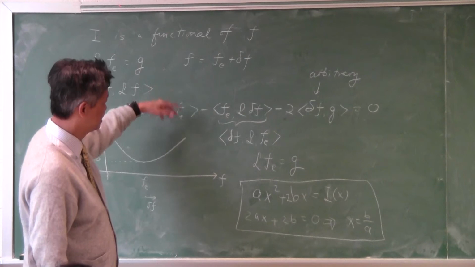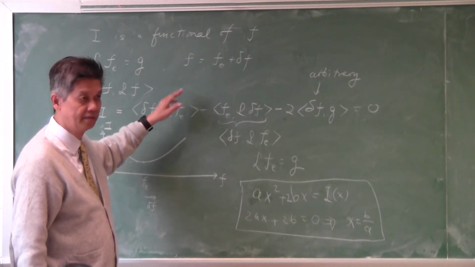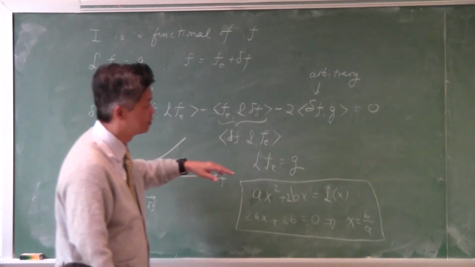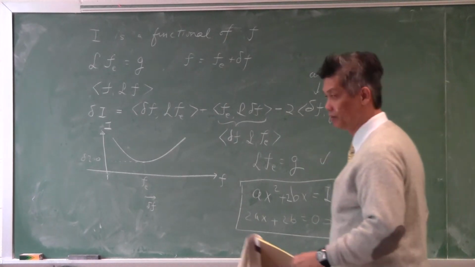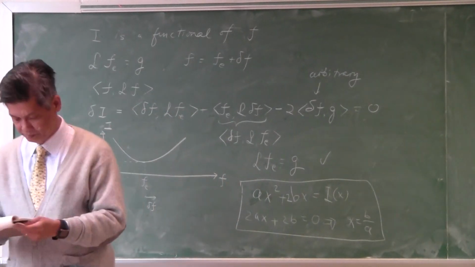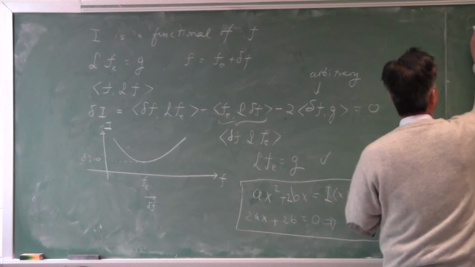And what we're going through is actually repeating this exercise in infinite dimension or multi-dimension. And this expression is actually quadratic because there's two f's over here. This is linear in f, and when you do the minimization, you end up with this equation over here.